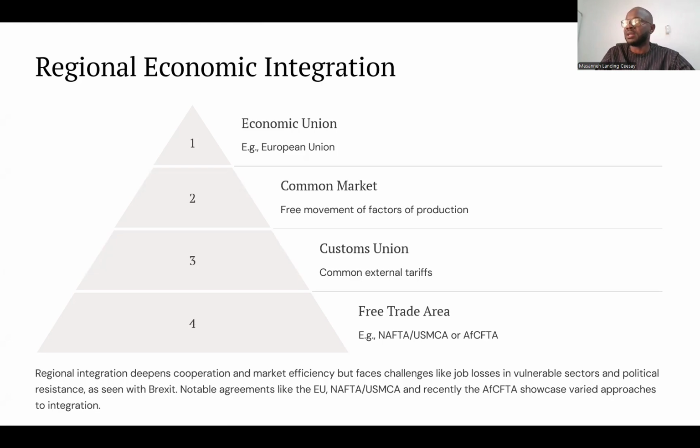Examples of what was cited: NAFTA, which is now referred to as the USMCA, which is the United States, Mexico, and Canada. But previously, it used to be referred to as the North American Free Trade Agreement. And then you have the AfCFTA, which is the African Continental Free Trade Agreement.